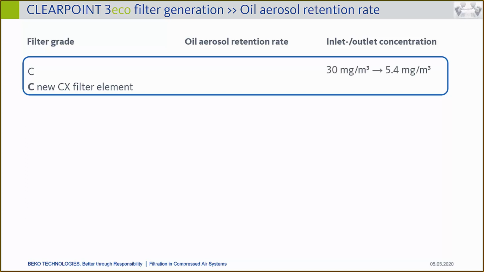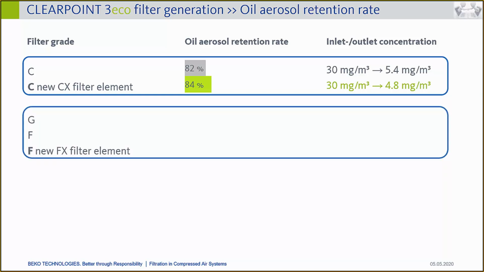So from C, we can expect a reduction from 30 milligrams to 5.4 milligrams per cubic meter, and the CX filter element gives us a reduction down to 4.8 milligrams. In percentage, that's the difference between 82 and 84% aerosol retention rate.